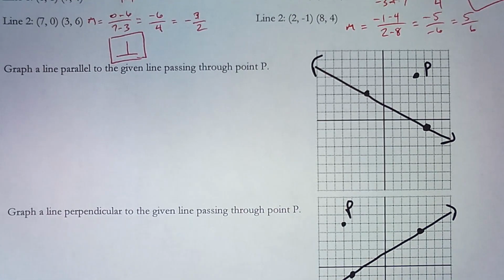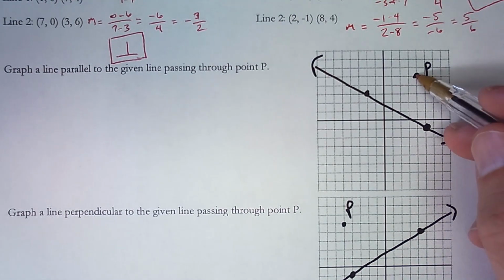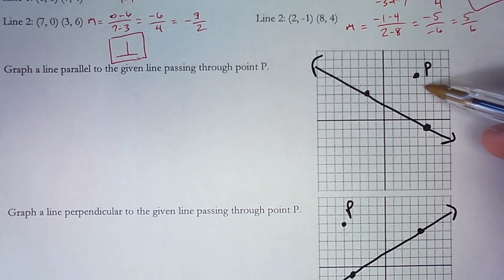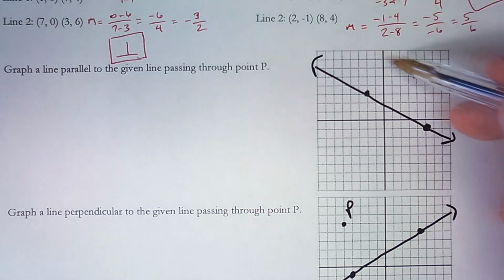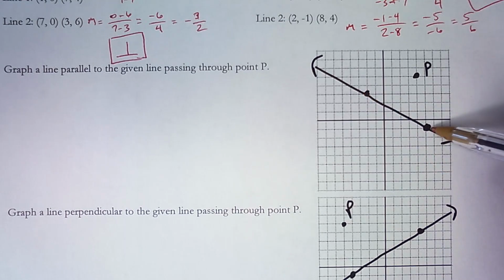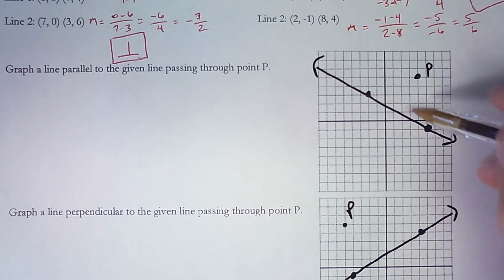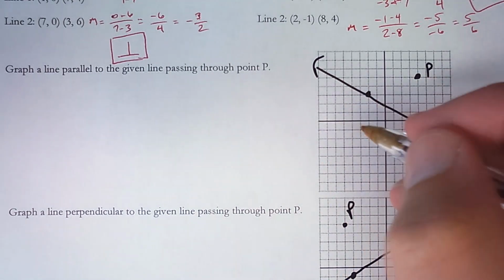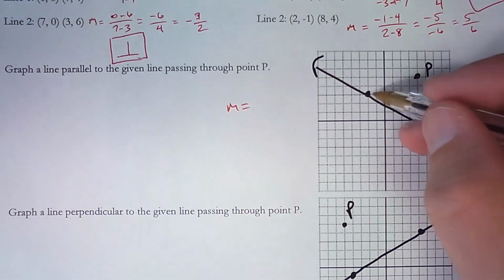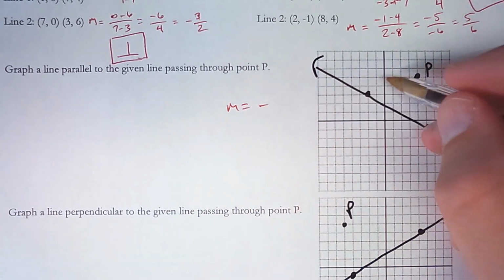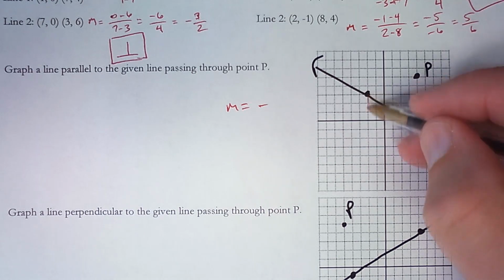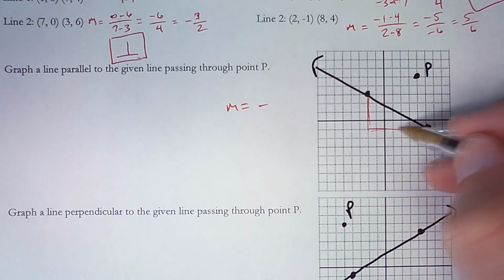Graph a line parallel to the given line passing through point P. So we're going to have a line something like this, but it has to be parallel to this line. So this line here has a negative slope. So m equals, it's negative because it's falling. And let's count this slope.